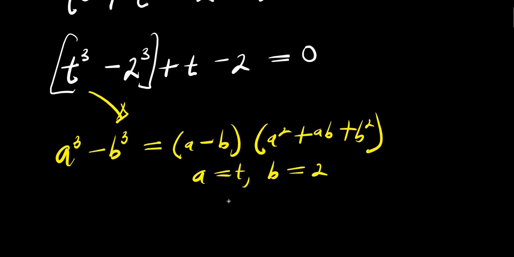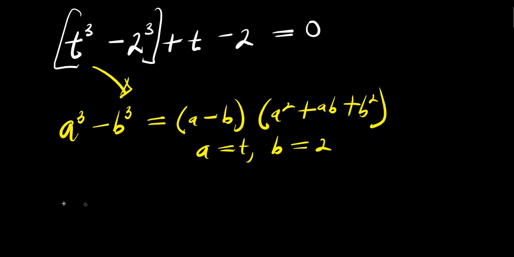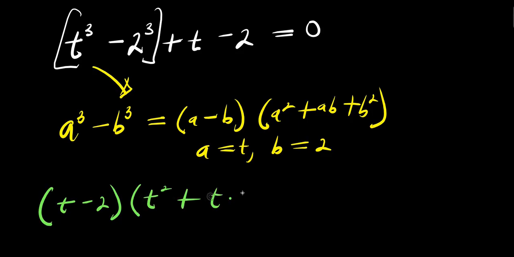Then we are simply going to have t minus 2 times t squared plus t times 2 plus 2 power 2. Then we have plus t minus 2 equals 0.